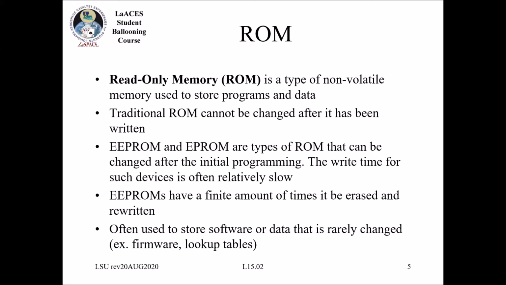But EEPROM, which we mentioned was a type of storage device, is actually something that you can write to and then read from. But it's very slow, and it's sort of an outdated form of memory storage.